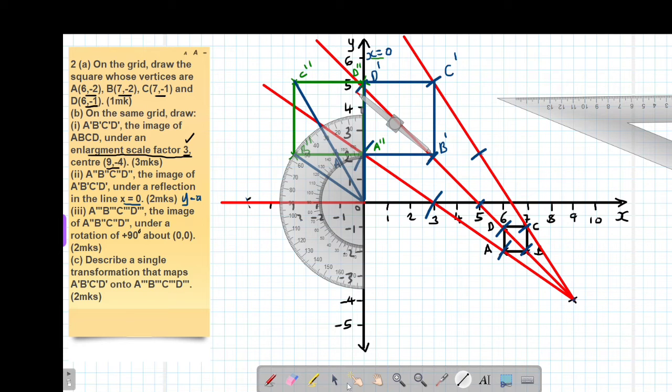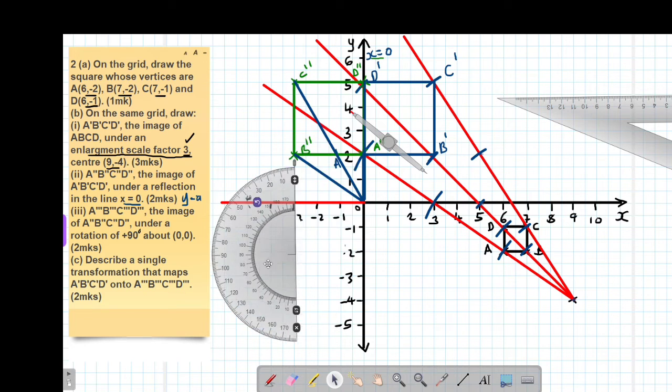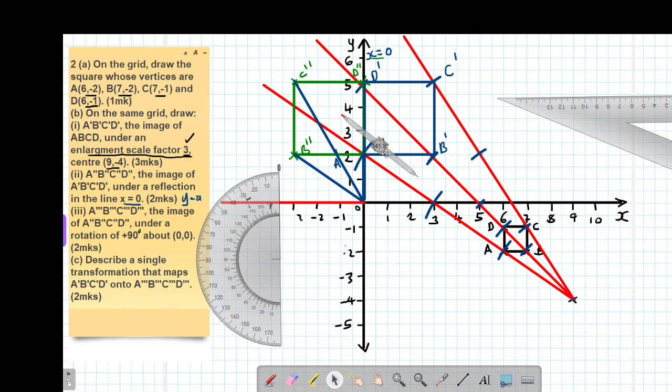Then using my pair of compass, I'm going to ensure that the distance from the center of rotation, so this distance, let me remove the protractor. We need to ensure that the distance from the center of rotation to our A is the same as the distance from the center of rotation to A prime prime.